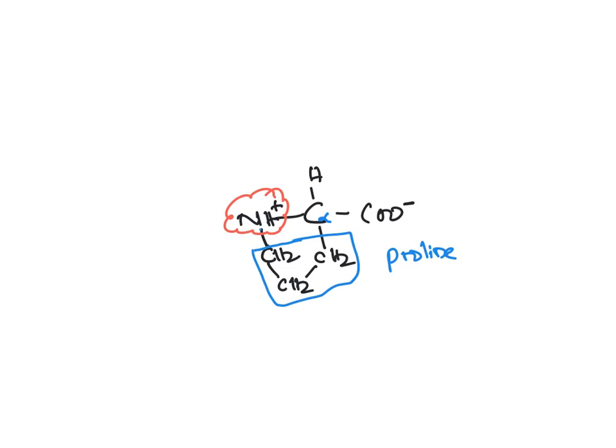Whereas in proline, the carboxyl group is free, that is a primary carboxyl group, but the amino group is not free. It is attached to the R group, the side chain. That's why we don't refer to this amino group as a primary amino group.